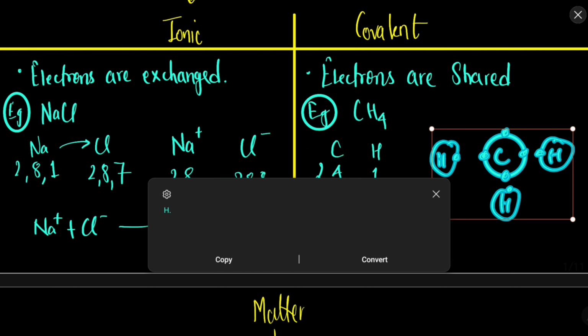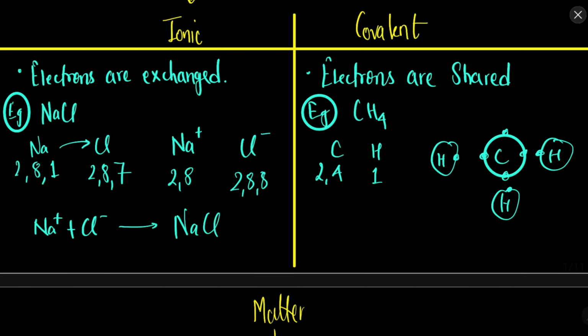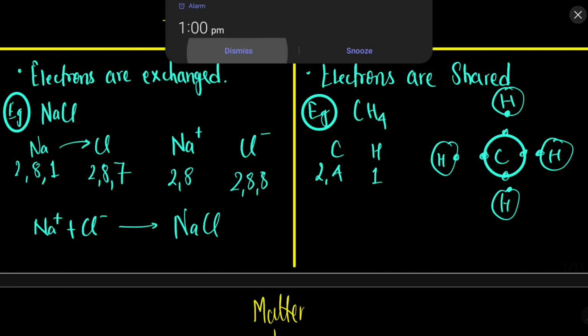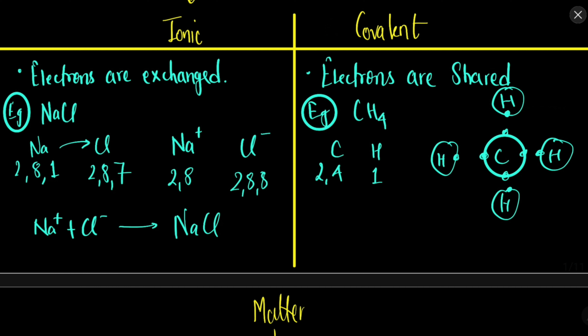In this way, carbon will achieve 4 electrons from 4 different hydrogens, and all the hydrogens individually have 2 electrons. So what is happening here is that these electrons are not exchanged. Hydrogen is not giving its electron to carbon, or carbon is not giving its electron to hydrogen. Rather, these electrons are shared among them.